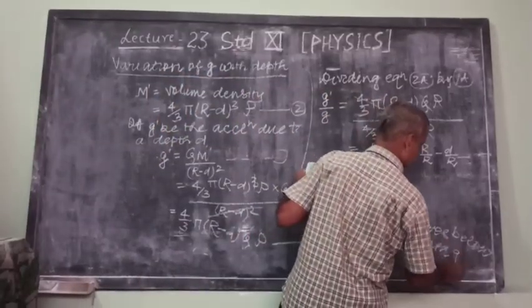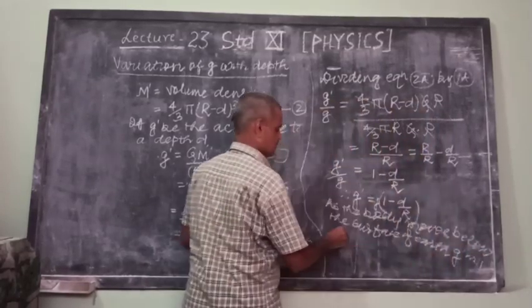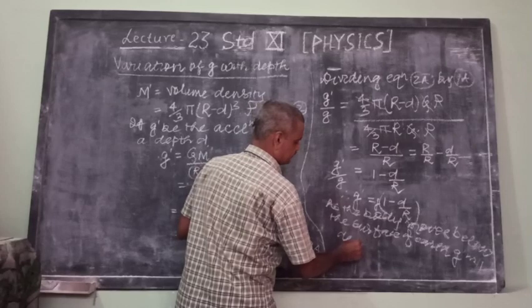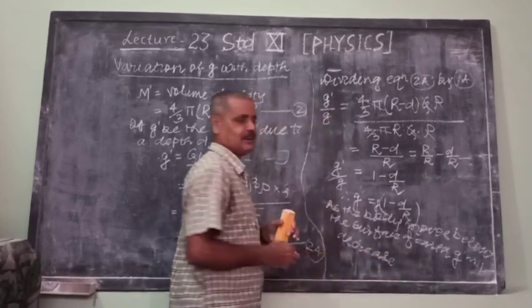G dash will decrease. This is the final solution.